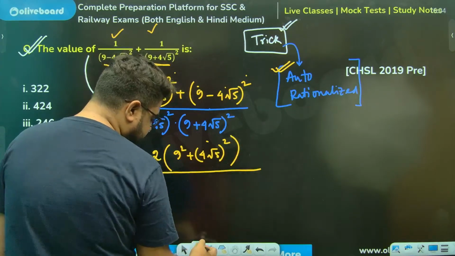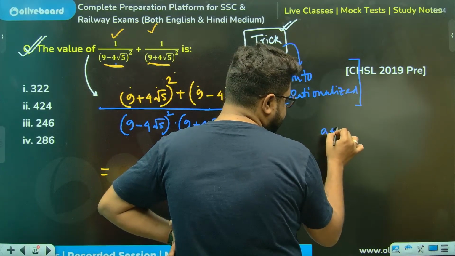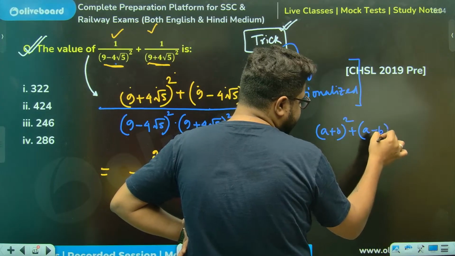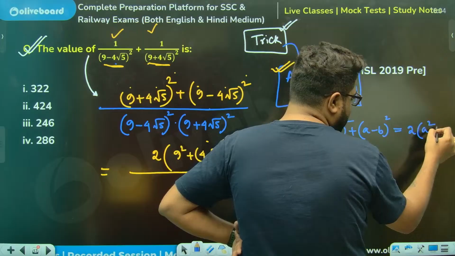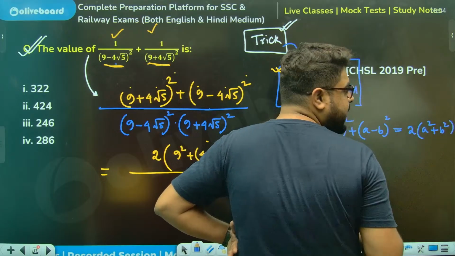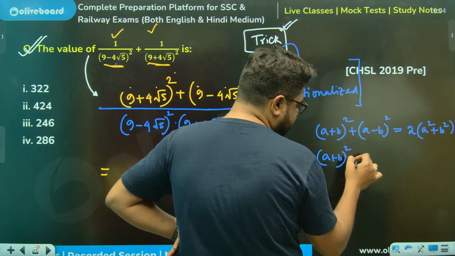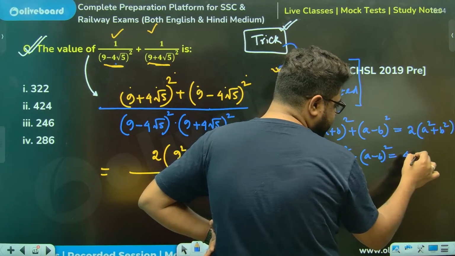If you don't, let me write it down. a plus b whole square plus a minus b whole square is always equal to 2 into a square plus b square. And if there is a minus instead of the plus, a plus b whole square minus a minus b whole square gives you 4ab.